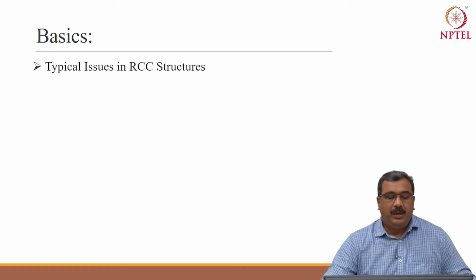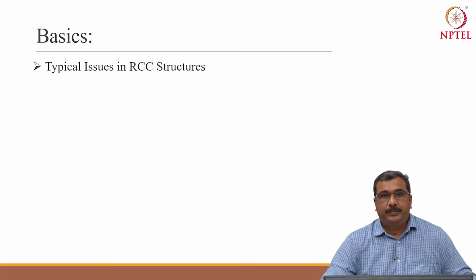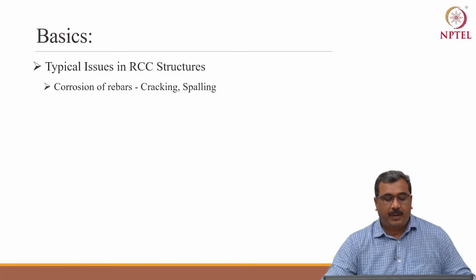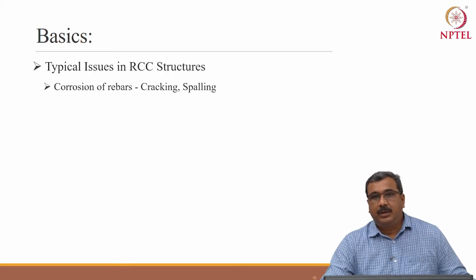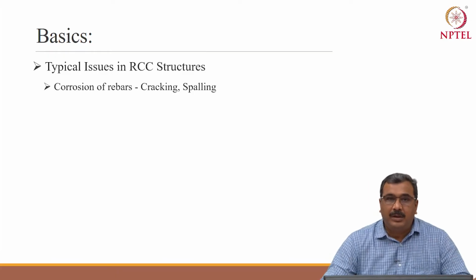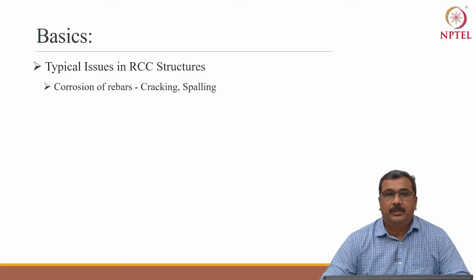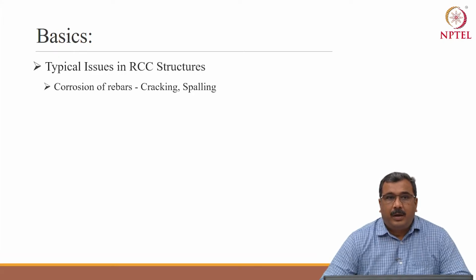What are the typical issues in RCC structures? One of the main issues in RCC structures is corrosion of rebar. Any RCC structure cannot be constructed without reinforcement, and reinforcement is prone to corrosion.